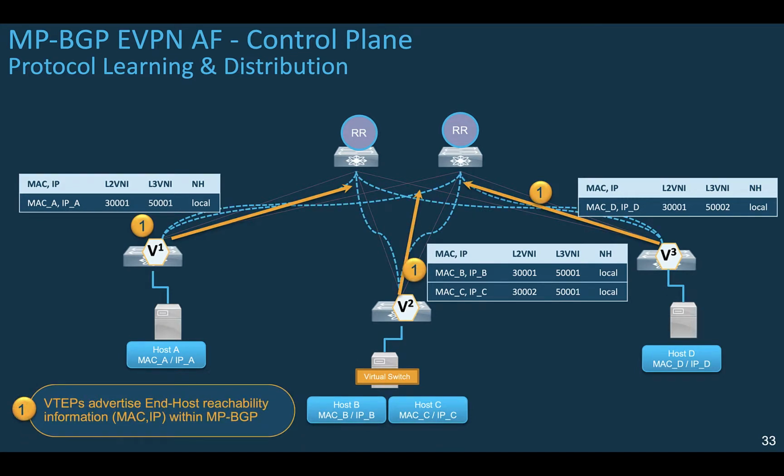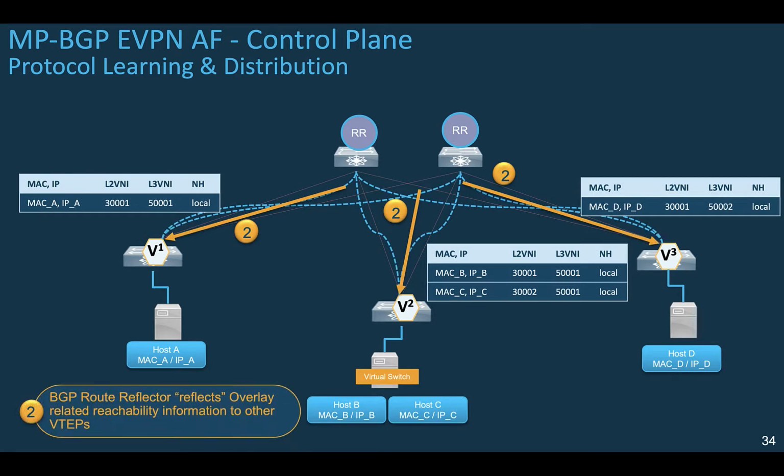And the next hop, which is the egress VTEP, and the extended communities. Each VTEP advertises the reachability information, the MAC and IP addresses of the local endpoints, using the MP-BGP route type 2 toward the route reflectors. The route reflector will distribute the endpoint MAC and IP addresses to the other VTEPs of interest, which means the ones that are sharing the same networks.